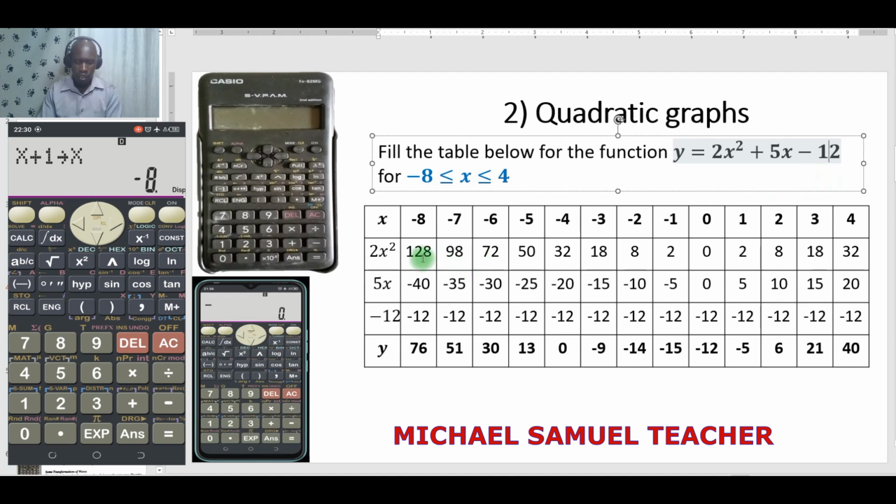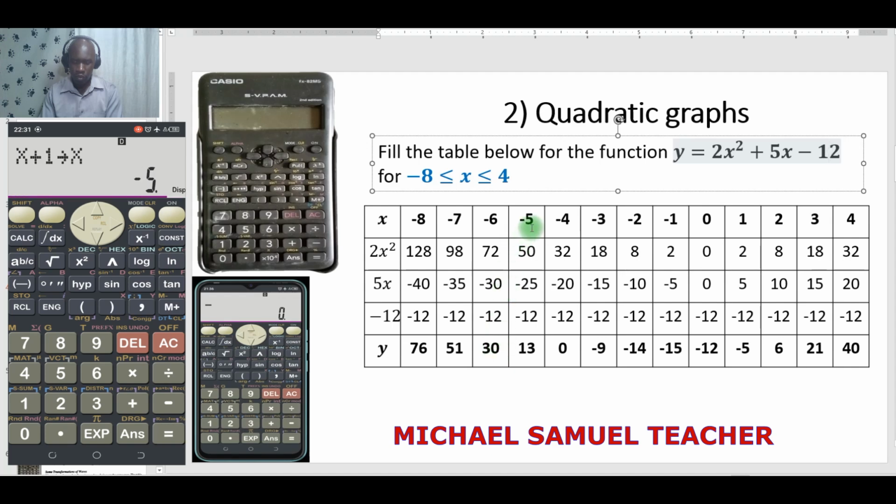Once you press the equal key, you will see on the display screen the answer gives minus 8. You press it again, you get 76. Press it again, you get minus 7. Press it again, we get 51. Again, minus 6. Again, 30.